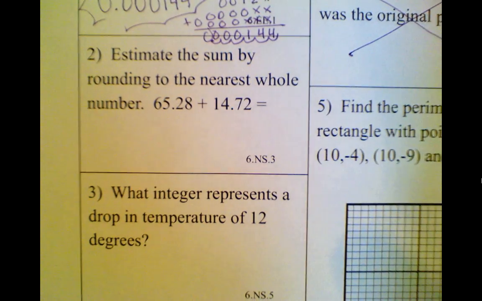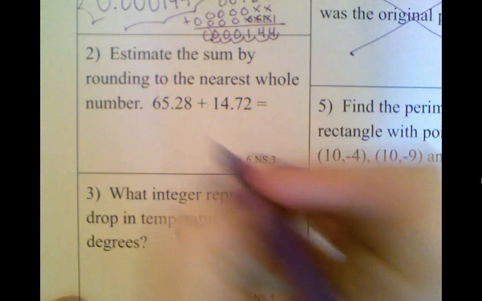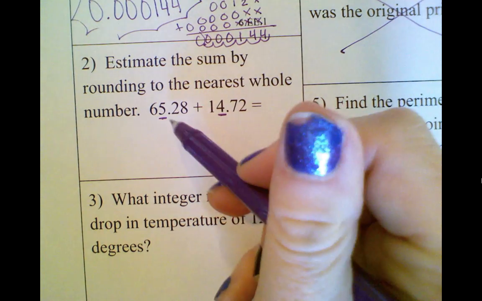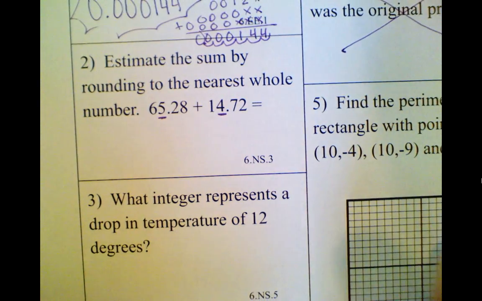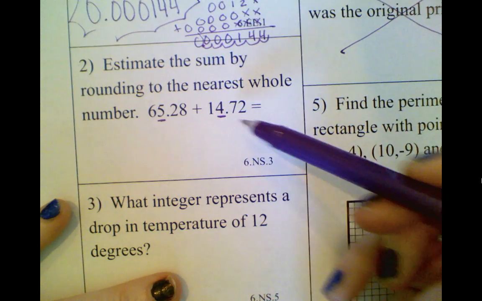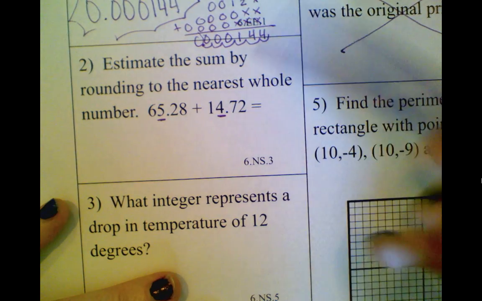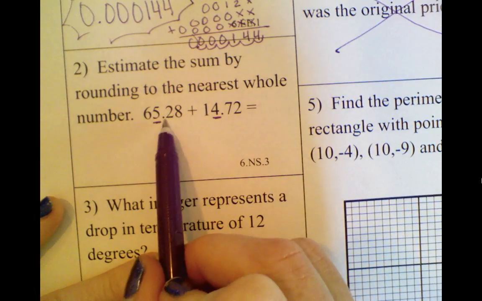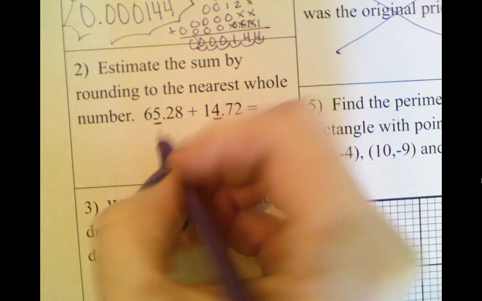Okay, estimate the sum by rounding to the nearest whole number. So the nearest whole number is going to be these places. So we're going to look at the decimals and see what they do to the nearest whole number right here. So 28, the 2 is less than 4, so it's just going to stay the same.